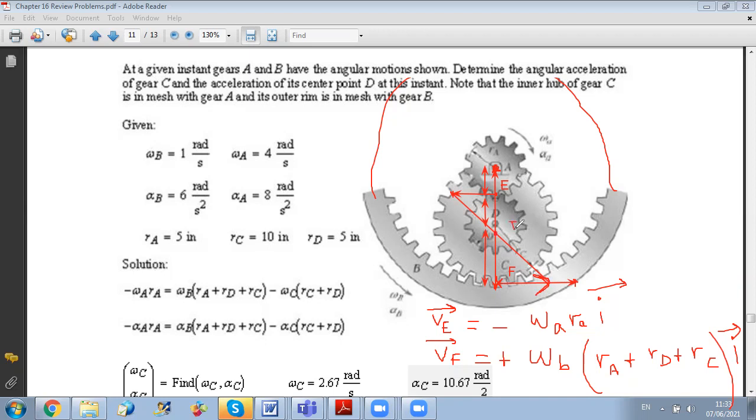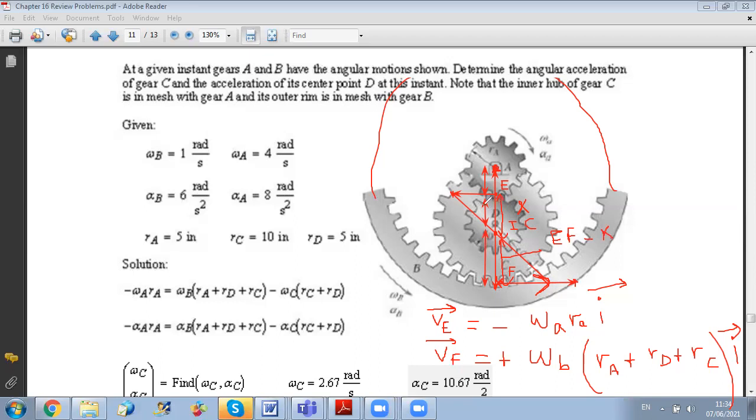How to find the actual position of the IC? We can name this distance x. So the distance to IC is x, and then the remaining distance will be the total distance separating EF minus x. To calculate the value of x, we will use the similar triangles concept.